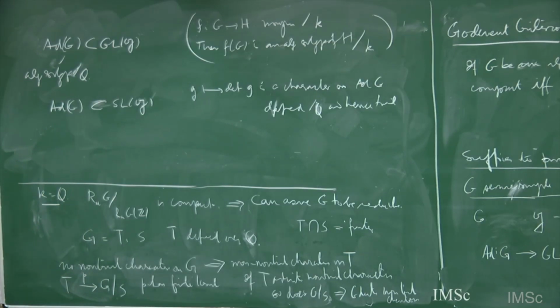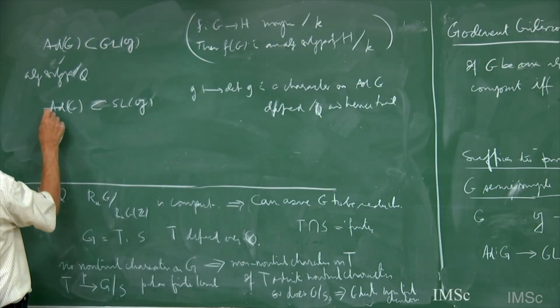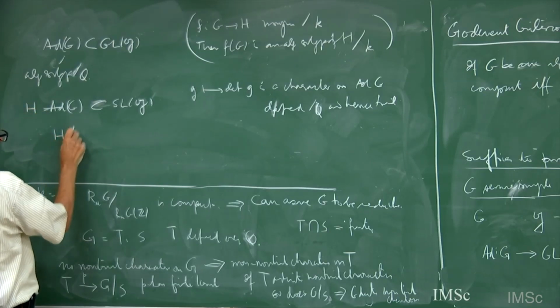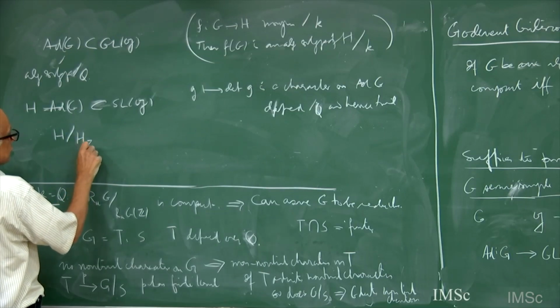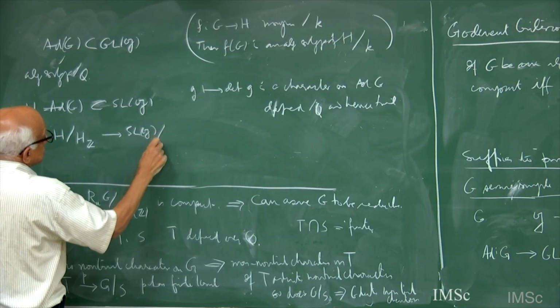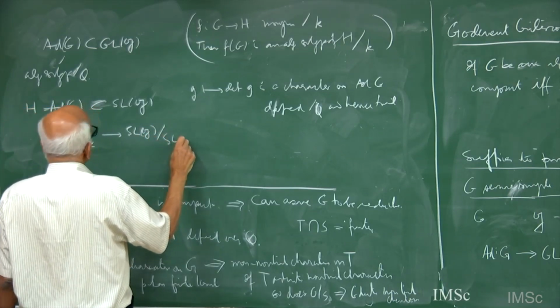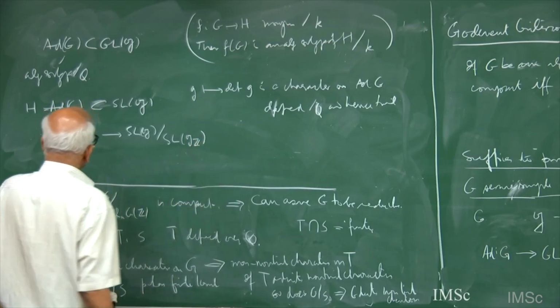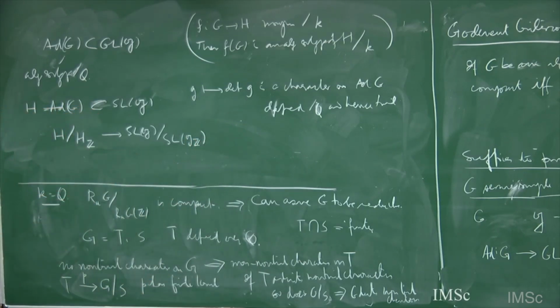So determinant is 1, so it goes into SL(g). Now I look at the mapping. Let me give this a name. Ad G is, let me call it H. I look at H over H(Z) into SL(g, R) by SL(g, Z). You have a natural map like this.